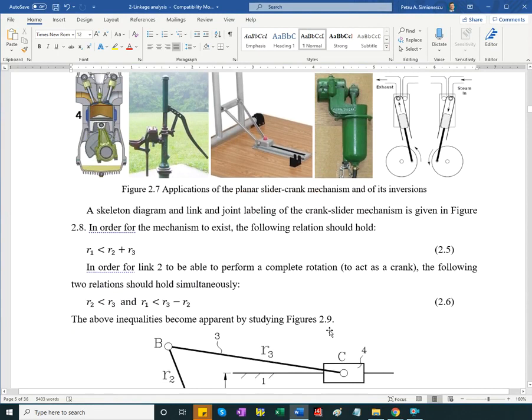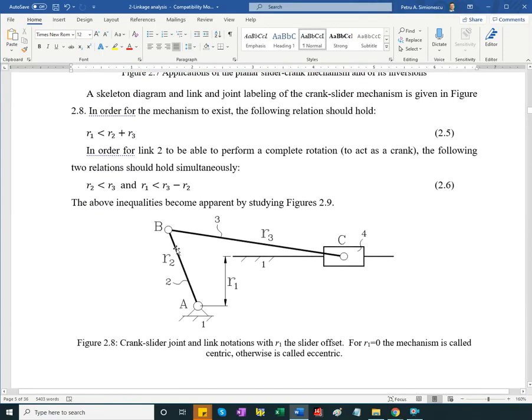Okay, so here too we would be interested in knowing what's the limit in link length. So, generic drawing of a slider crank. Slider moves along a line parallel with the x-axis. We're having crank length R2, coupler length or connecting rod R3.